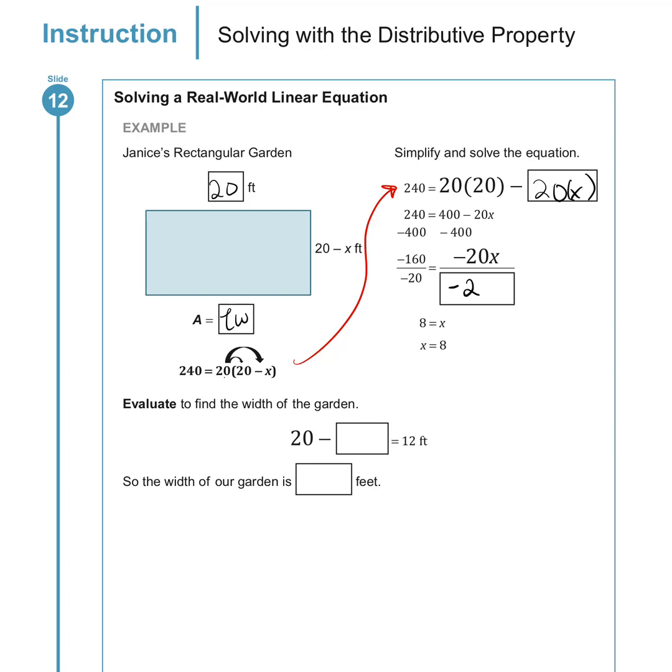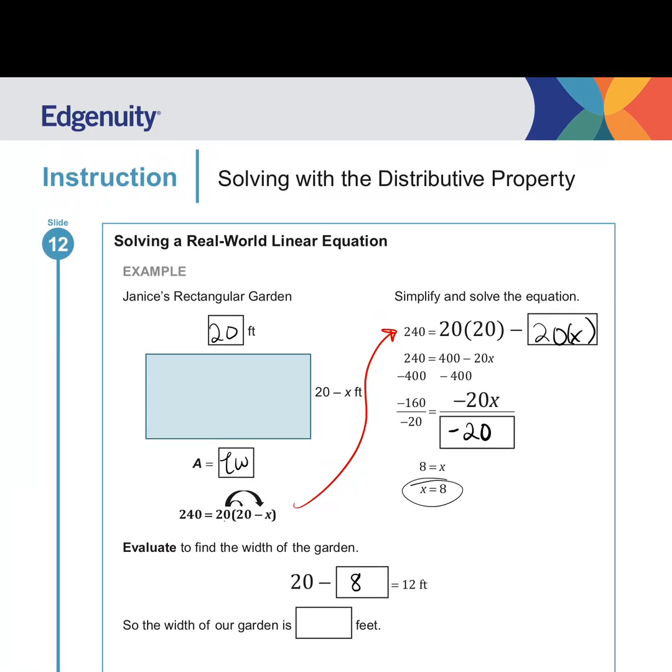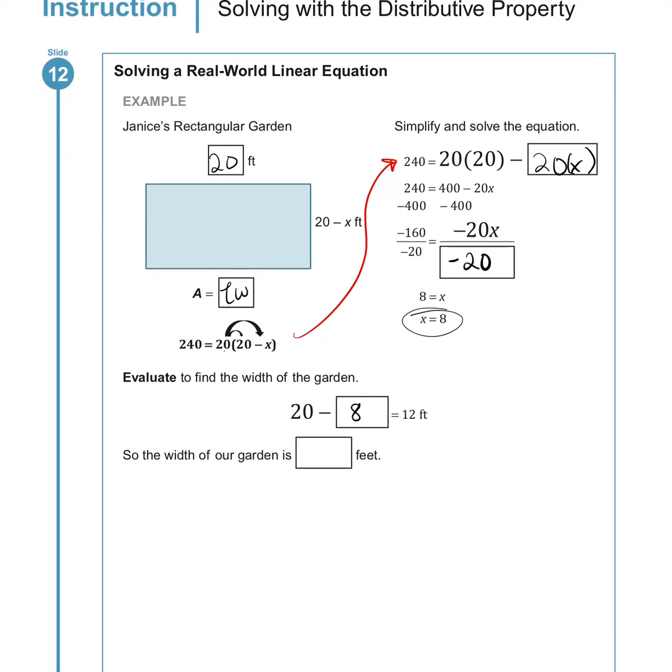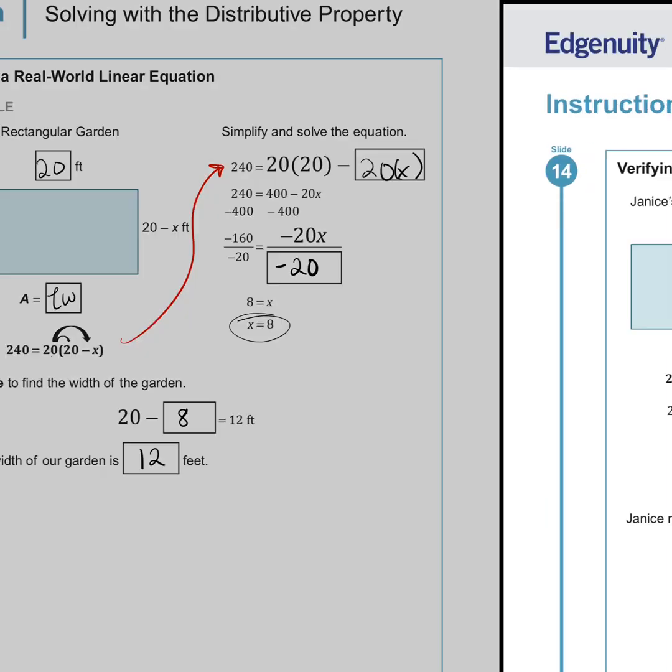I'm going to then divide by 20, negative 20, and it gives me x equals 8. Now they went back and they plug it in. 20 minus 8. Oh, and actually, you see, our question was, or it says just how many feet does she need. So the width of the garden is 12, right? We went over that too, right? When we did our checking our work.